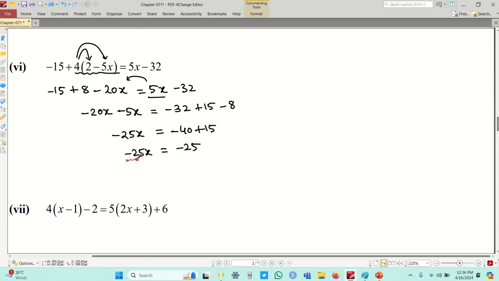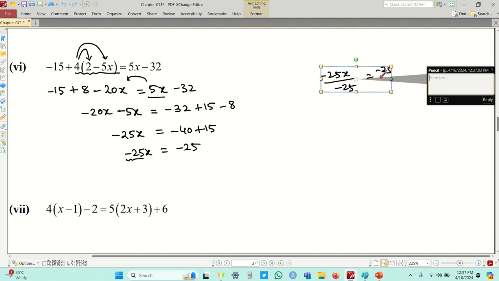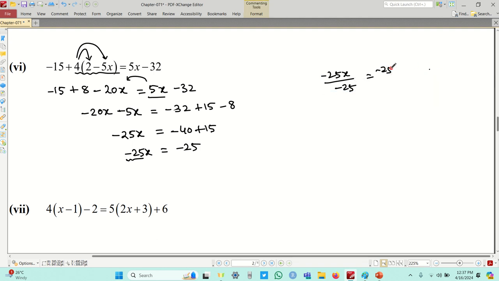Now what is the number here? Minus 25. Divide by minus 25 on both sides.